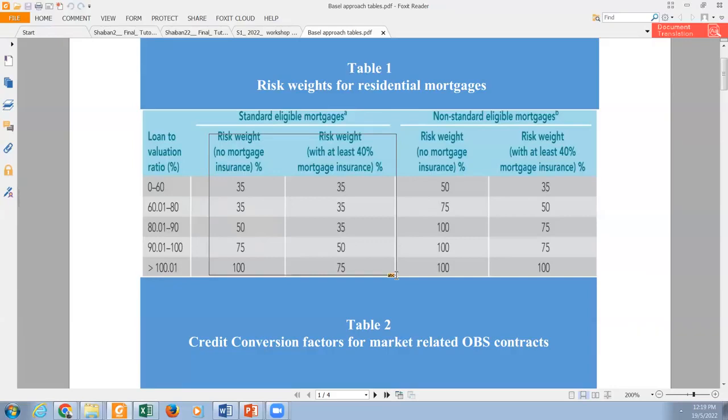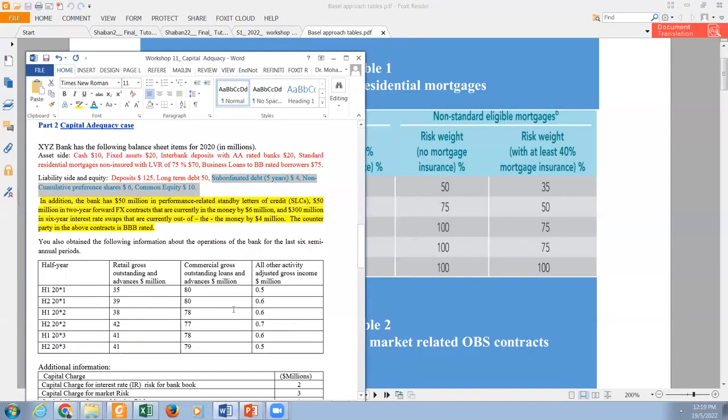So according to this problem now, what do we have? We have the LVR, as they say, the LVR 75%. And it is insured, non-insured. Non-insured. I will go to the tables.